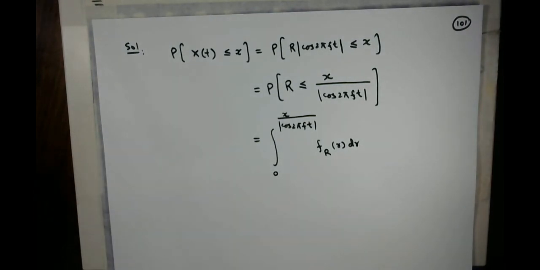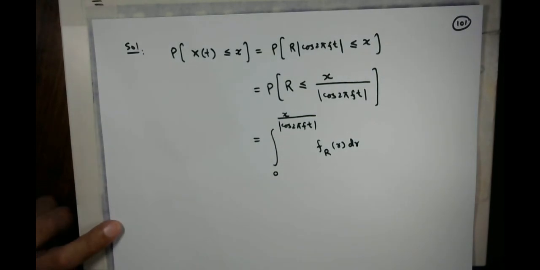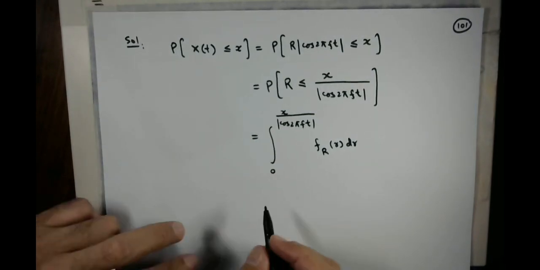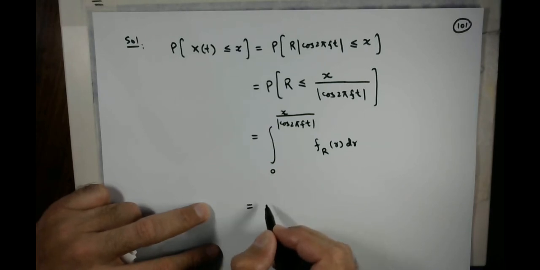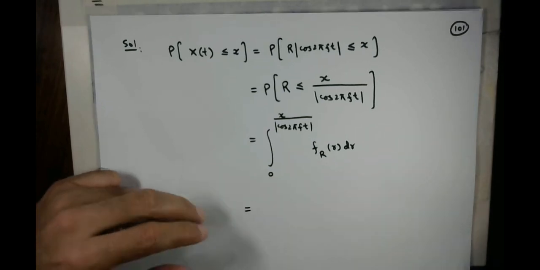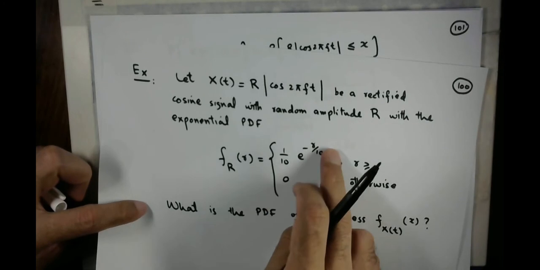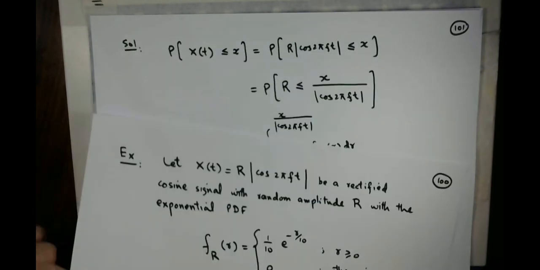So when you integrate a PDF, you obtain a CDF. You know this. And you know f sub r of r is nothing but 1 over 10 e raised to power minus r over 10.